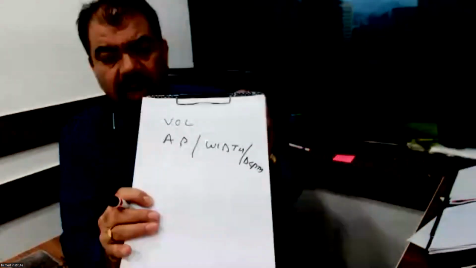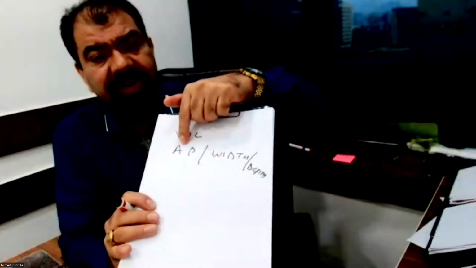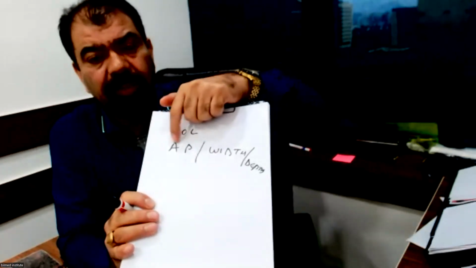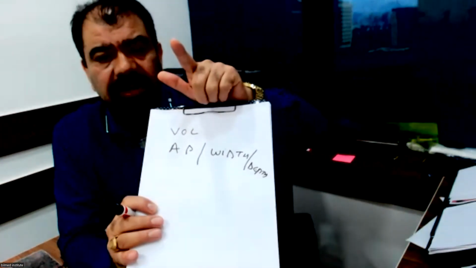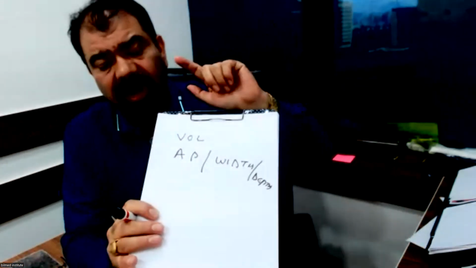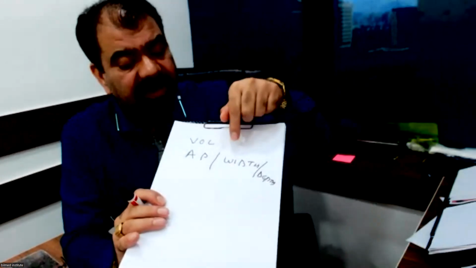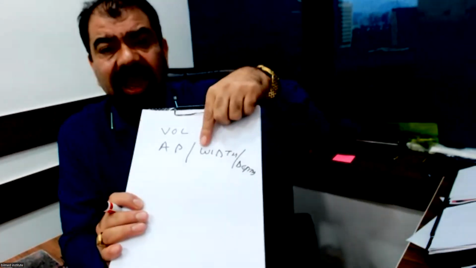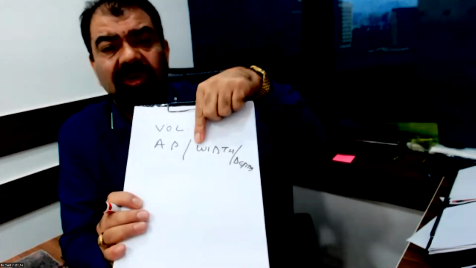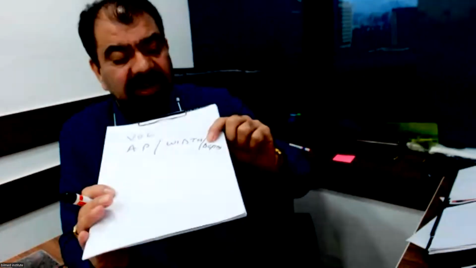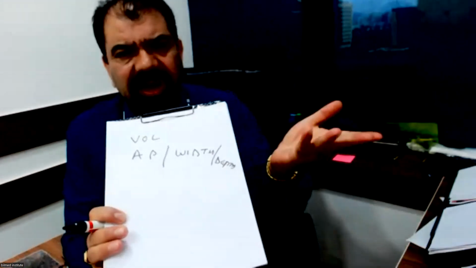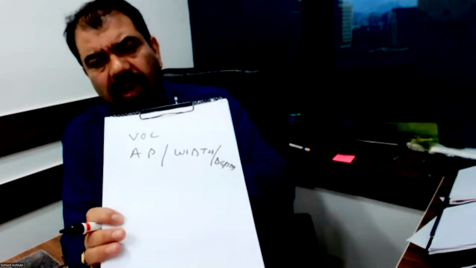This anterior posterior diameter can be taken in longitudinal or transverse section. The width cannot be taken in transverse section, and the depth can be taken either in transverse or in longitudinal section.